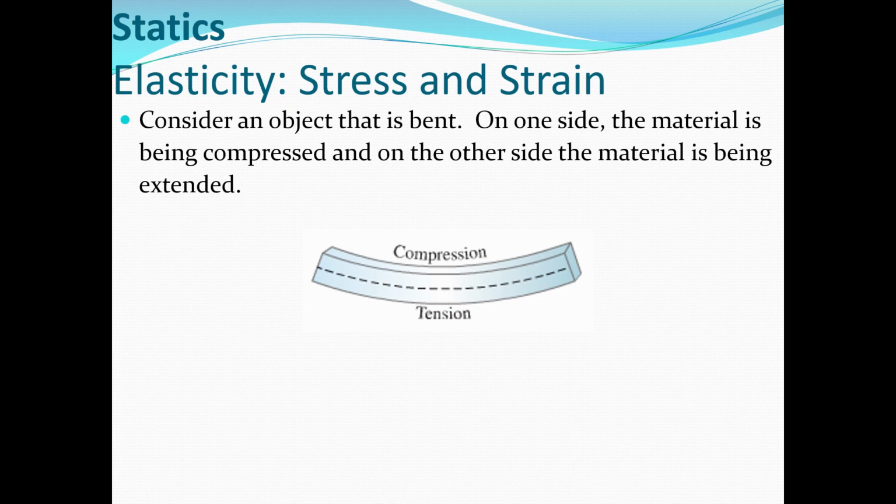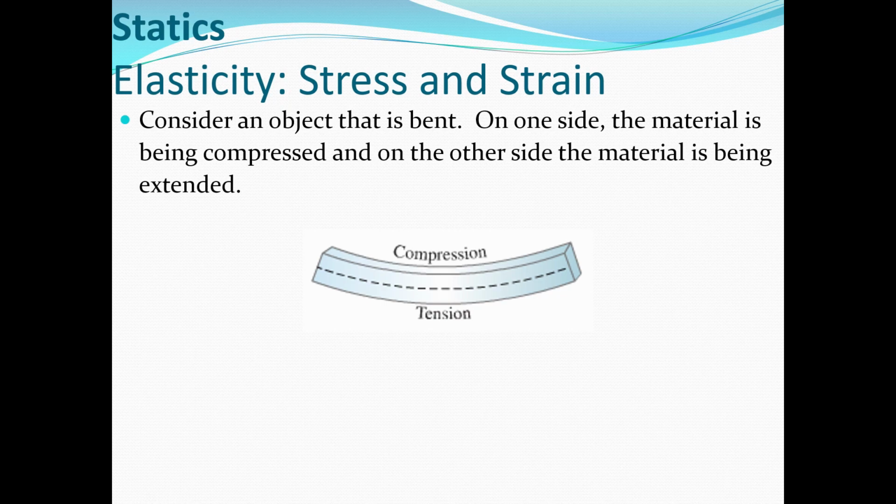Like I said, for most objects, these values are going to be the same. But if you ever recall bending stuff, you'll notice that you start to get deformation on one side versus the other. If you want, you can pause this video and think about which side ends up feeling more deformation. But if you remember, it's always going to be the outer side. So if you take a comb and you start bending it, it's the outer side that starts getting deformed and turning white.